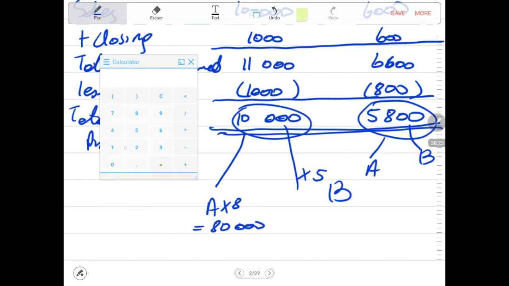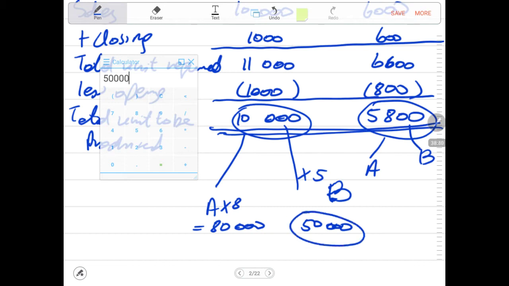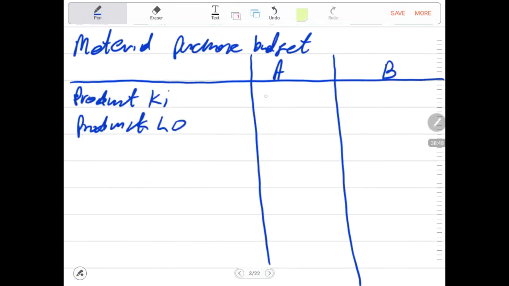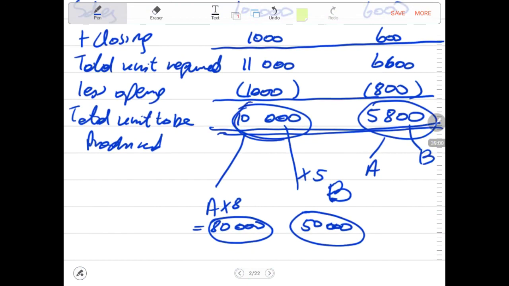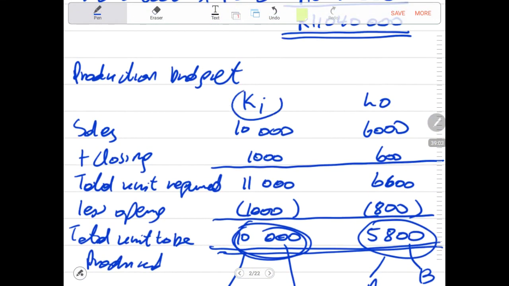Then 10,000 times 5, we get 50,000. These are the required kgs. Material A kgs will go under the material A column, 80,000, and material B 50,000 will go under the material B column. This is all product KI, 10,000 units. That has not changed. It's just the format.